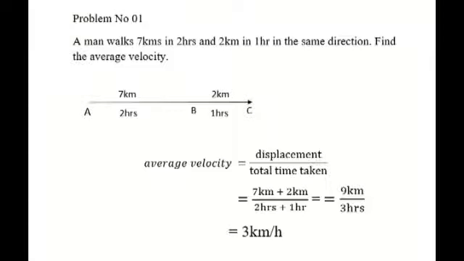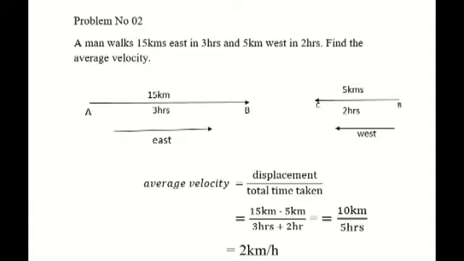Average velocity equals displacement by total time taken. This equals 7 kilometers plus 2 kilometers by 2 hours plus 1 hour, which equals 9 kilometers by 3 hours. So the average velocity equals 3 kilometers per hour.